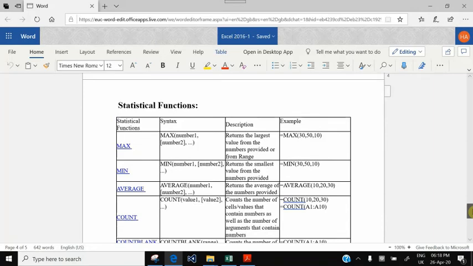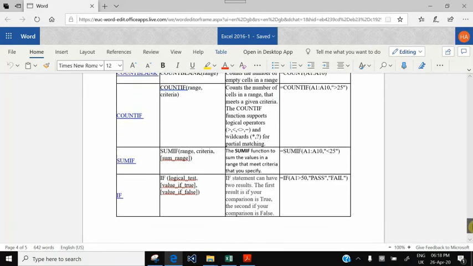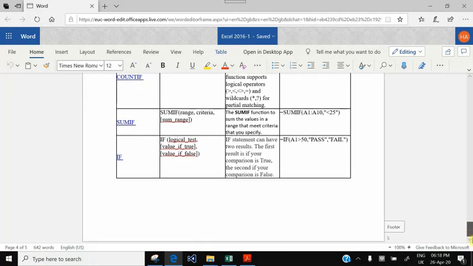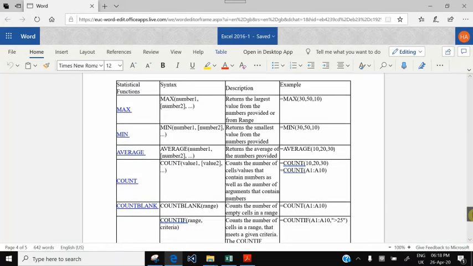And there are statistical functions: max, min, average, count, count blank, count if, and sum if. So max returns the largest number or value from the numbers provided or from a range. Min returns the smallest value from the numbers provided, like I have this one.